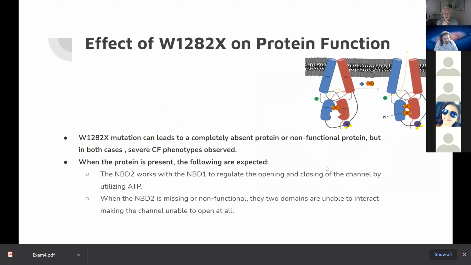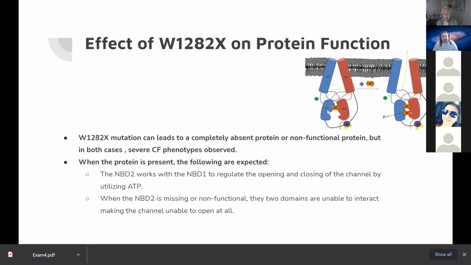As we explained in the previous slide, we are missing this part in NBD2. So we will have severe CFTR phenotype because the function will not work either way. These two domains are responsible for opening and closing the protein.